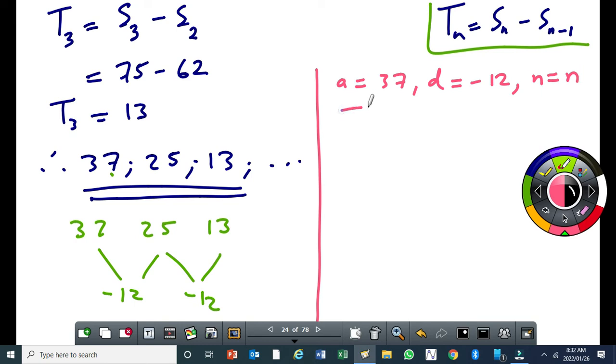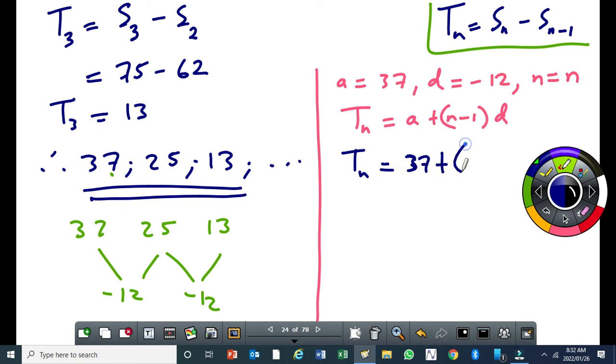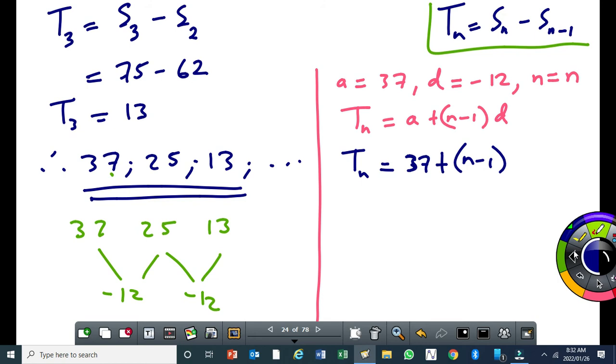Okay? So we use Tn equal to A plus N minus 1 times D. If you simplify this, you get Tn equal to 37 plus N minus 1 times D, which is negative 12. So you get 37 plus, rather I'll put minus there, minus 12n.